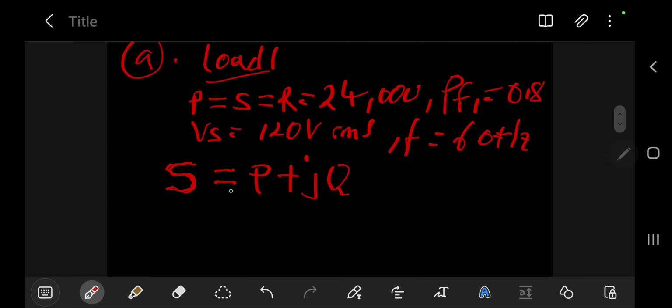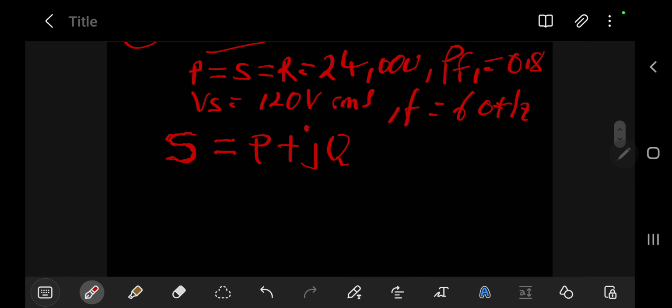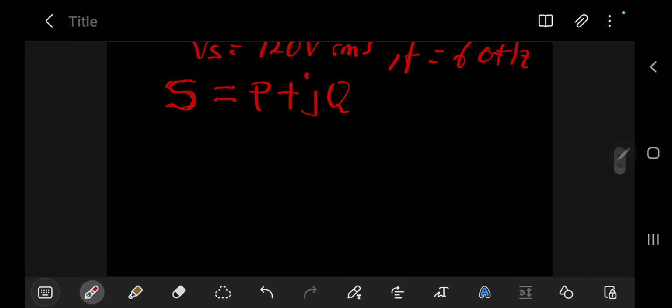We know what P is. Do we know what Q is? The answer is no.